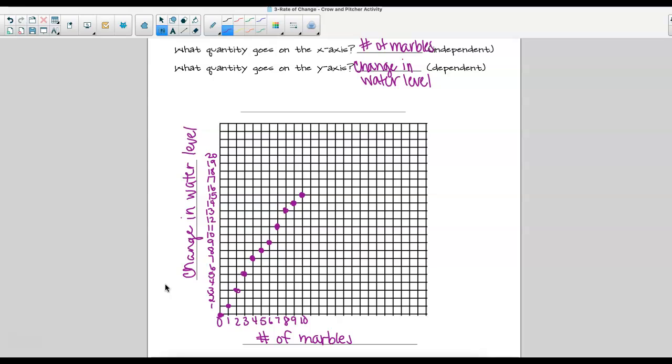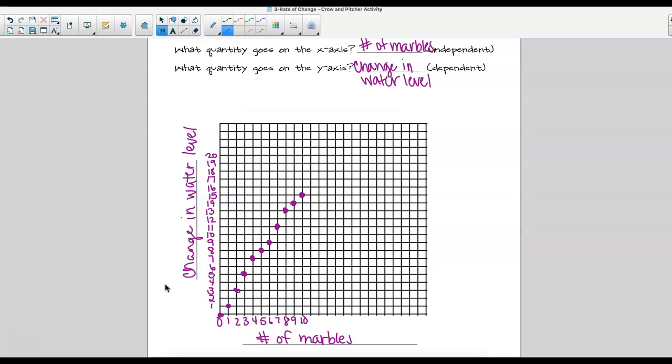Why? Right. So think about this, you guys. Every marble we put in the water was the same size, right? And so technically, the water level should have gone up the exact same amount every single time. Well, it did, but how come it doesn't look that way on my graph or my table?